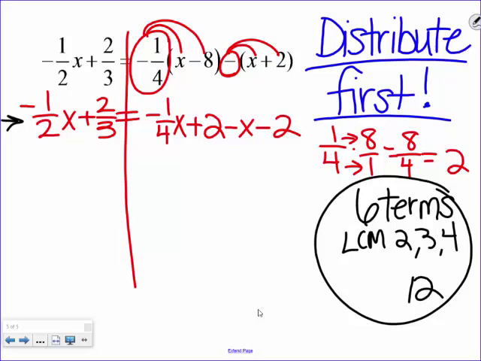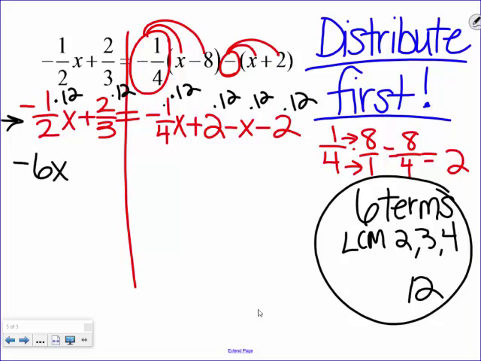Okay, so how many times am I multiplying by 12? 6 times. Okay, we're going to move pretty quickly here. What's half of 12? It'll be a negative 6. Here I have 2/3 times 12.